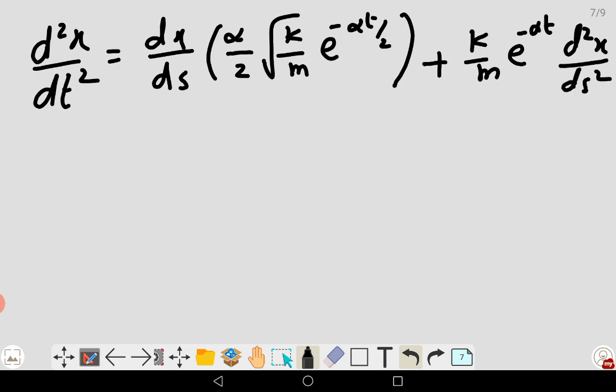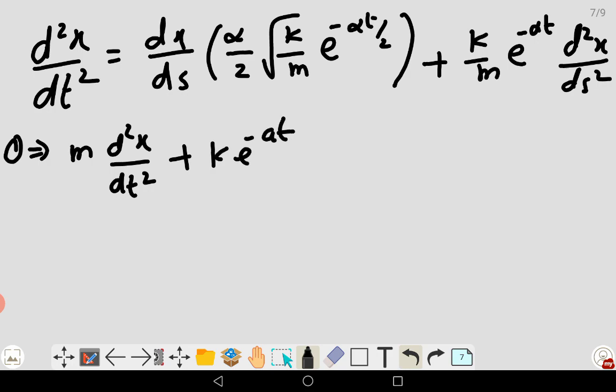This is the second derivative, and we got it. The equation given to us, equation 1, is m into d square x by dt square plus k times e raised to negative alpha t x is equal to 0. We have to simplify, just multiply this equation with m. So substitute this one here. M times this is equal to 0 actually given.